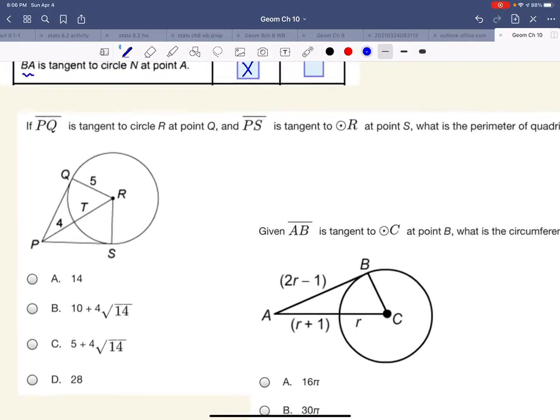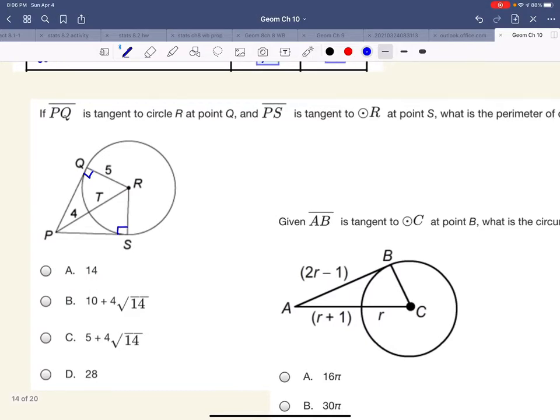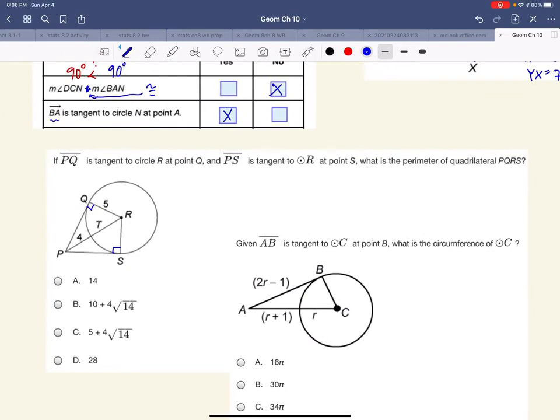It says if PQ is tangent, that means this is a right angle. And if PS is tangent, that means that's a right angle. What would be the perimeter of the quadrilateral PQRS?